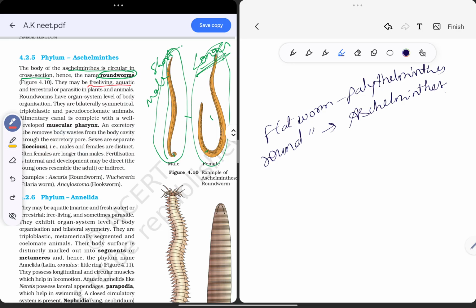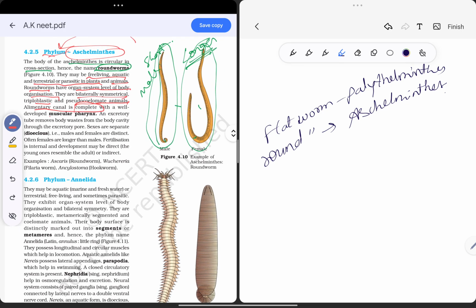They may be free living, aquatic, terrestrial, or parasitic in plants and animals. Roundworms have organ system level of organization. They are bilaterally symmetrical, triploblastic, pseudocoelomate animals. This is the only pseudocoelomate phylum, Aschelminthes. The alimentary canal is complete, with a well developed muscular pharynx.